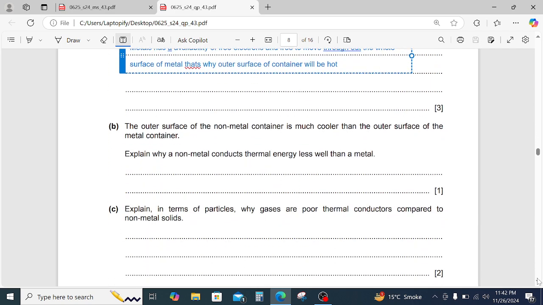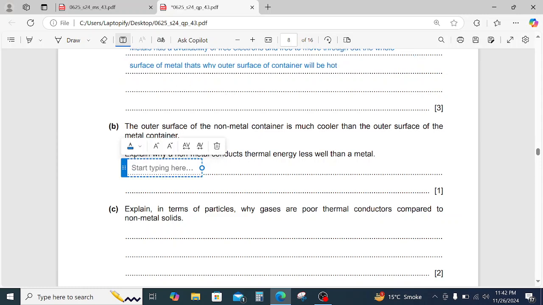Next is the outer surface of the non-metal container is much cooler than the outer surface of the metal container. Explain why. A non-metal container has less thermal energy than the metal. Basically, the non-metal surface has no free electrons because they are a good insulator and bad conductor of heat. That's the reason behind this.